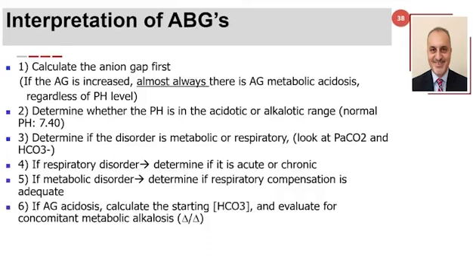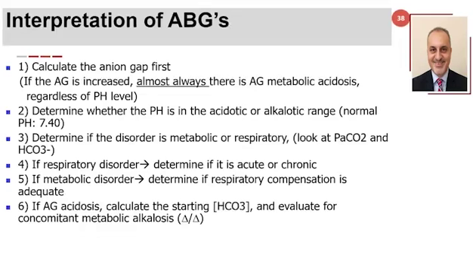Okay, now this is a slide that you have to keep in your pocket. If you're going to remember anything from this lecture, these are the 6 steps that you have to remember in order to be able to analyze any acid-base disorder. Number 1, get into the habit of calculating the anion gap first. Because if you have an increased anion gap, almost always you will have anion gap metabolic acidosis.